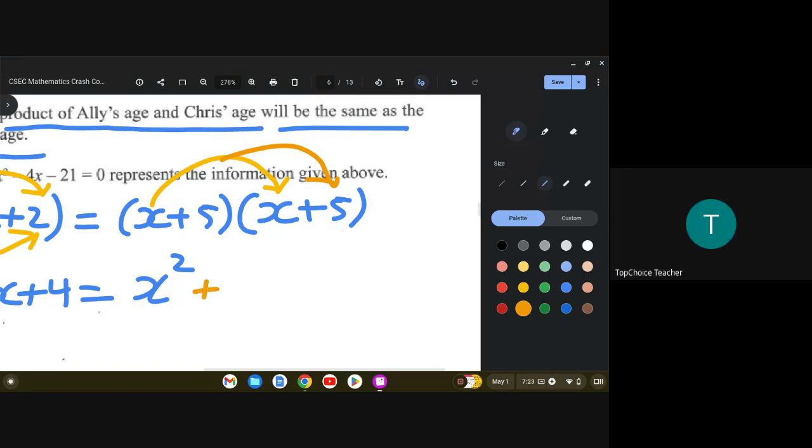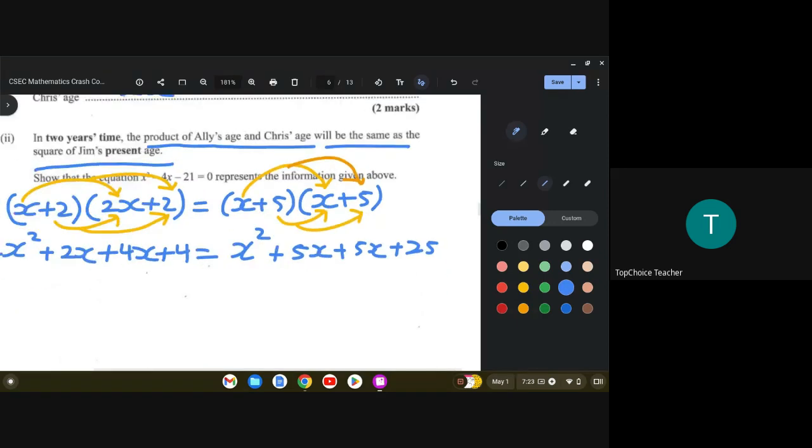Plus x times 5 is 5x. Moving on. What is 5 times x? 5x. Plus 5x. What is 5 times 5? 25. Very good. So isn't it so far not as bad as we thought?